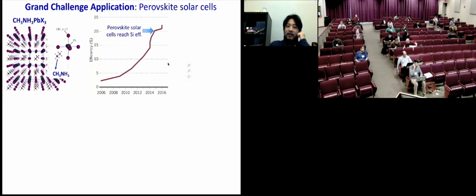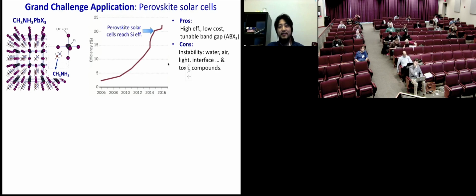So here is an example of what we are going to do after we implement PAW. This is a very hot material in the solar cell field. It's called Perovskite solar cells, and the efficiency of this material is reaching that of silicon, so it's really great.